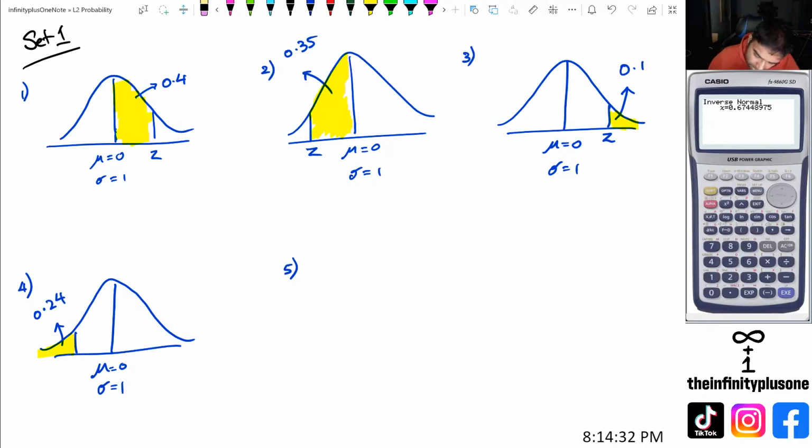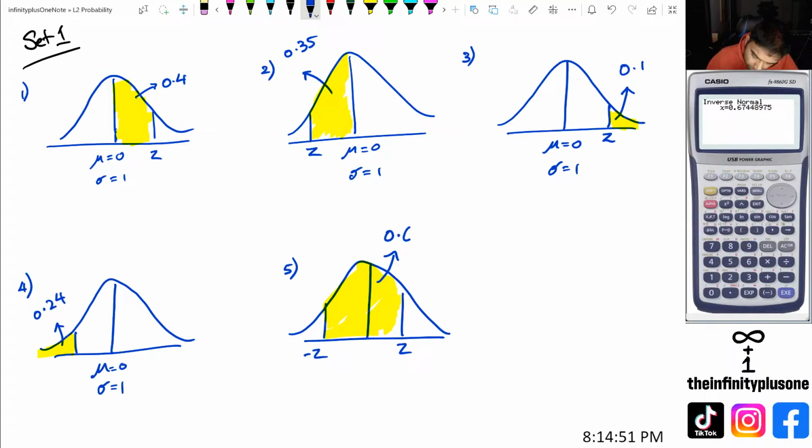Just realized. Oh no, maybe we can do it symmetrical. Yep, cool. Let's give those 5 a go.